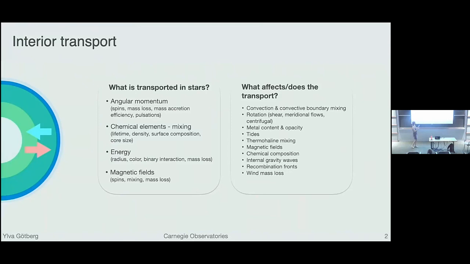For example, for angular momentum we can have tides, maybe mass loss, and for chemical mixing, maybe convection, and magnetic fields can affect the angular momentum. So this is a little bit messy, and it's good to keep in mind if you're doing evolutionary modeling that everything is dependent on each other. It can be good to remind yourself: if I neglected magnetic fields, what happened then to, for example, the angular momentum transport?